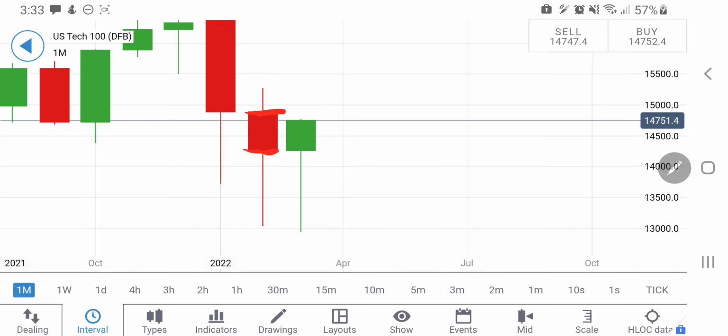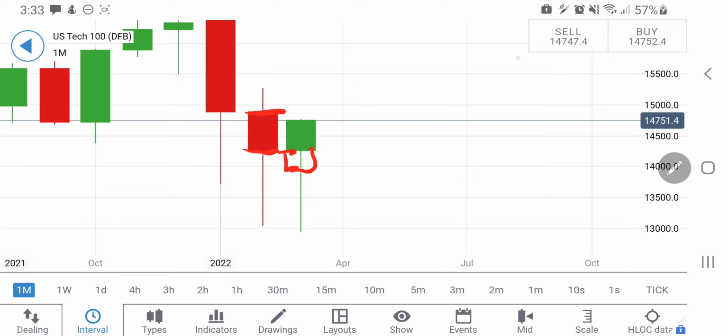Now it has to give a diminishing size, and from 14,300 to 14,000, so at least it may try to come back again towards 14,000. So if you see it trading below 14,000, just go short there, and you can expect a strong drop for NASDAQ 100. It may try to come back towards 14,000 levels.